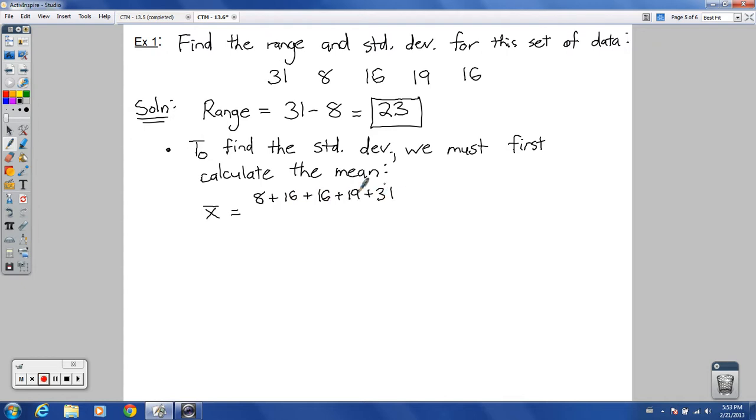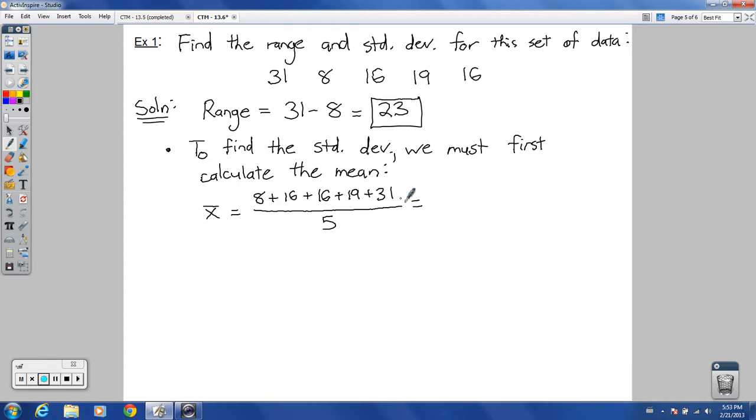Do I have to put them in order to find the mean? No, but I'm just doing that to make it easier later to see how it flows, or if I had to calculate the median, it would be really easy to do from that. We're not going to do that here in this lesson. We did that in the previous lesson.